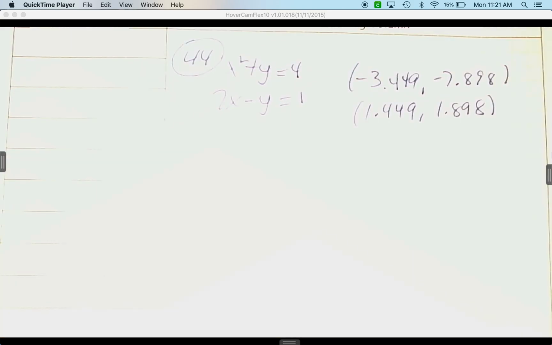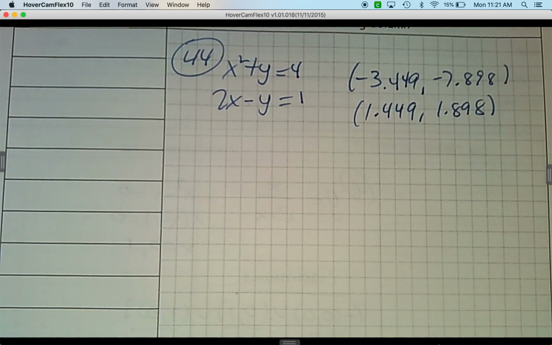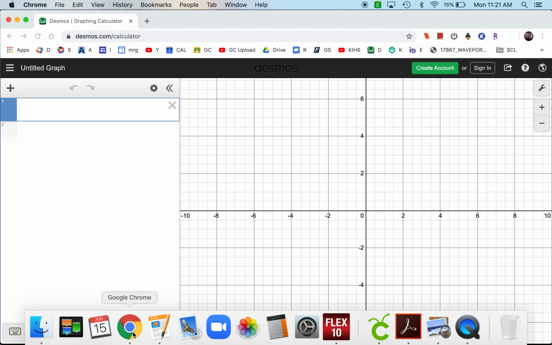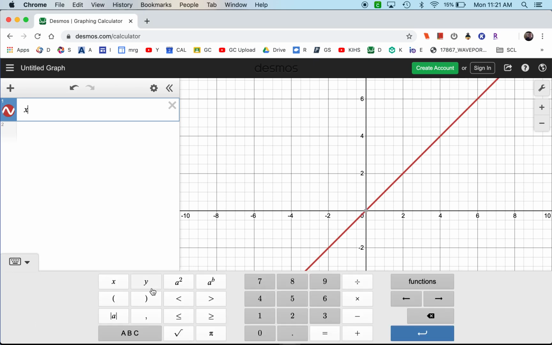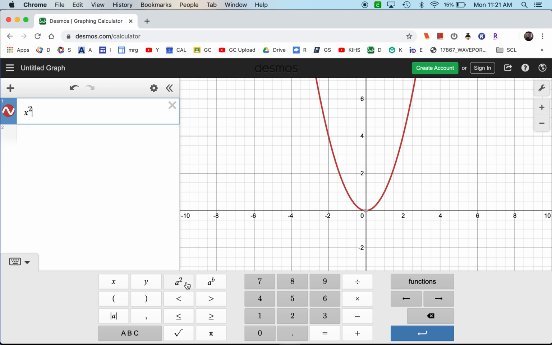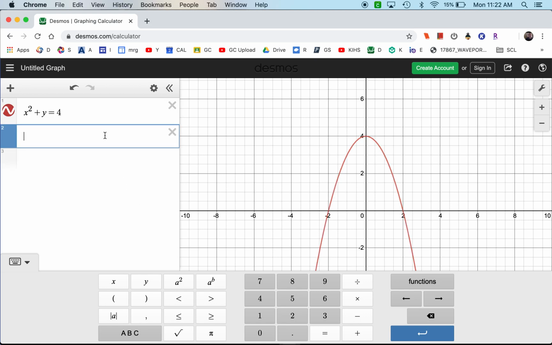What would it look like if you were on Desmos, and what would you do? On Desmos, you would type in both. It would be x squared plus y equals 4. And then in the second box, you would type in 2x minus y equals 1.